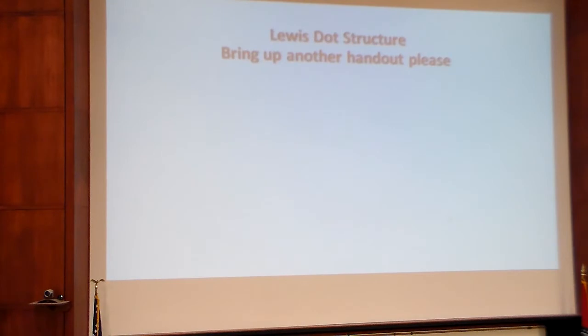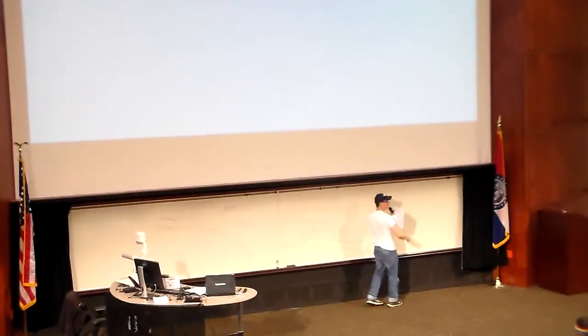Number 3, we're going to start adding electrons, by making the non-central atoms octet first. Make non-central octet first. So you have fluorine as non-central.